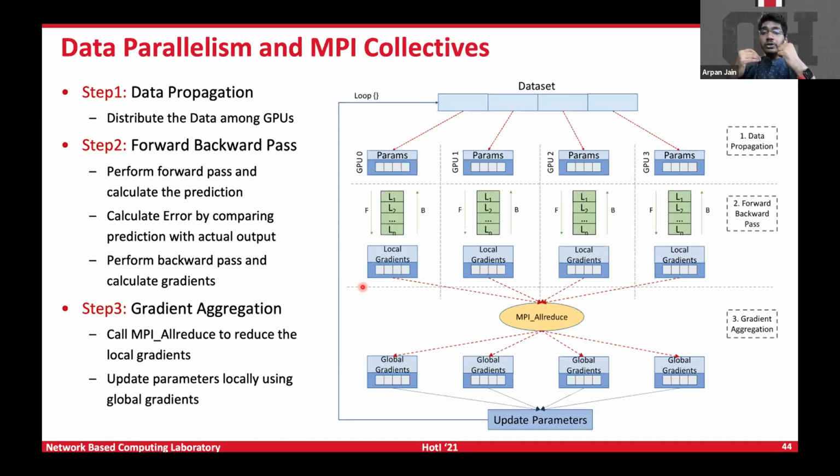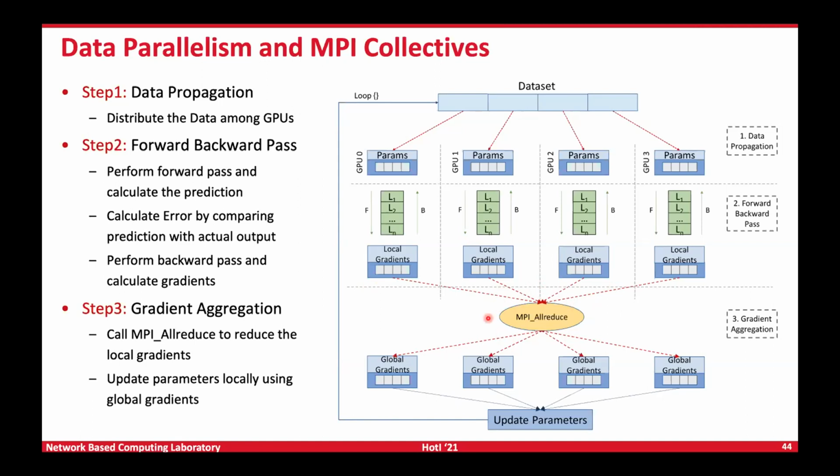One of the major bottlenecks of data parallelism is obviously the MPI all reduce operation, so a lot of research has gone into optimizing this communication primitive. In the later section of the tutorial, we will show you how communication runtimes have optimized this primitive, and we will also show some benchmarking numbers. All right, thank you.